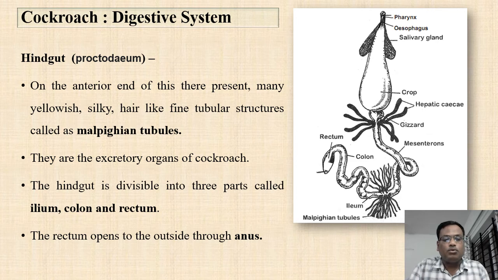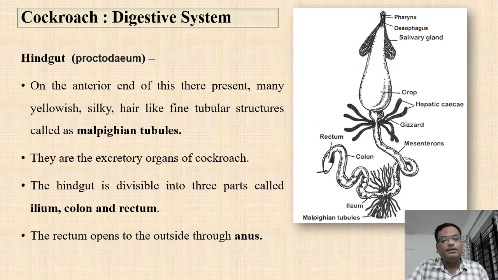So that's about the Malpighian tubules: yellow colored thread-like structures found at the junction of midgut and hindgut, which are excretory structures of the cockroach. Now coming to the hindgut part, the hindgut is also a muscular, narrow tube.